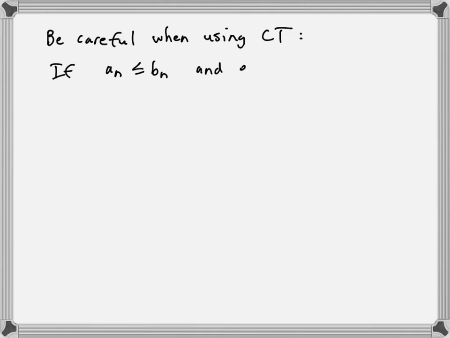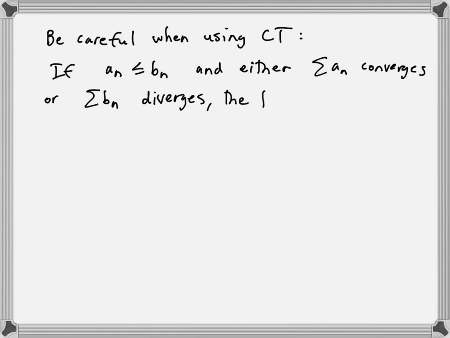So be careful when using CT. If a_n is less than or equal to b_n and either the smaller guy converges or the bigger guy diverges, the test tells us nothing.